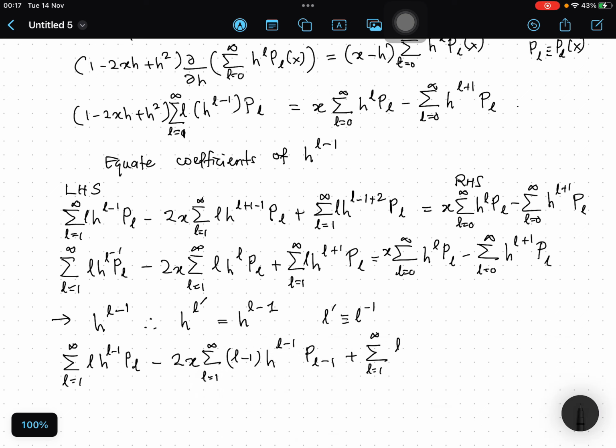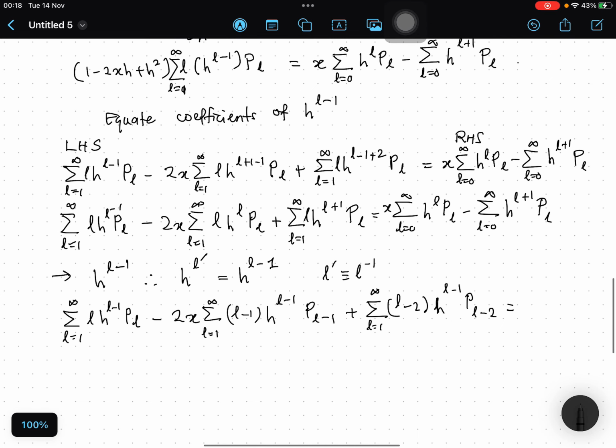So I have L minus 2, so I have hl minus 1, and then I have pl minus 2, equals to x L minus 1, because I'm choosing hl minus 1 here, pl minus 1, and then the other one is minus L1 hl minus 1 pl minus 2.